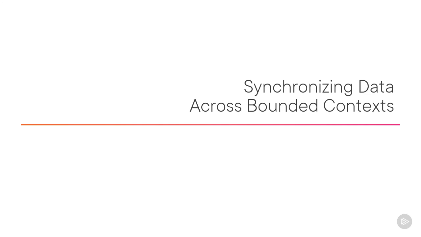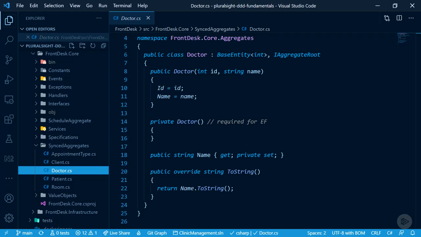Let's dig a little more into how these reference types in the scheduling bounded context are getting their data from the clinic management app, especially if the two BCs aren't sharing a database. If you recall from seeing the class descriptions of all of these classes, the appointment type, client, doctor, patient, and room, we had explicitly decided that these are reference entities where we're actually doing their maintenance elsewhere, so they're not adding any unneeded complexity to the front desk application.